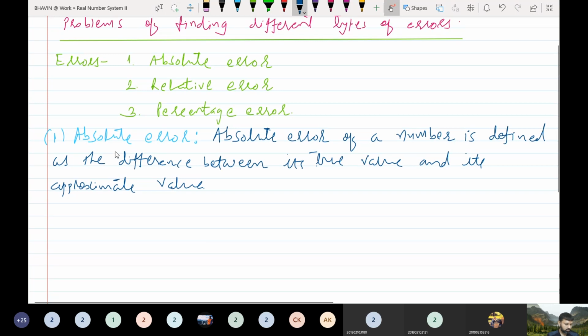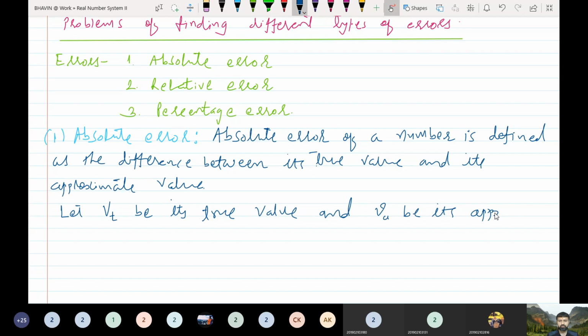So suppose Vt be its true value and Va be its approximate value.